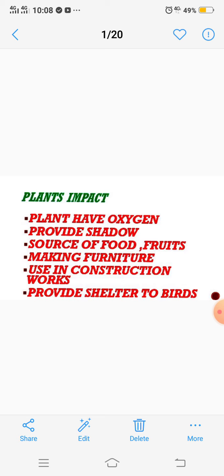They are also used in making furniture, and in construction work, like windows and doors. They also provide shelter to different birds and animals, because some animals and birds live on trees. So these are generally the advantages of plants.